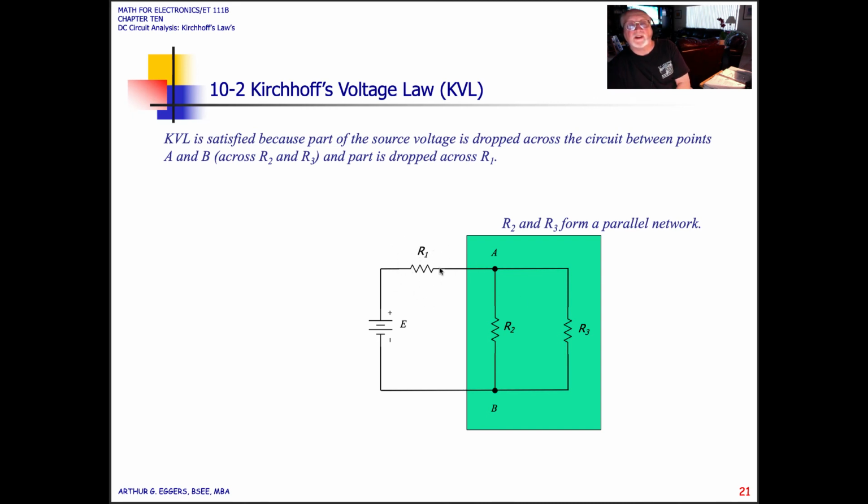R1 at this point is acting like a series pathway, and it would be passing all of the current. But at point A, the current splits depending on the value of the resistance R2 and R3, and would give us back the amount of drop that would occur at each of those points. The current recombines at point B, and it returns to the source.